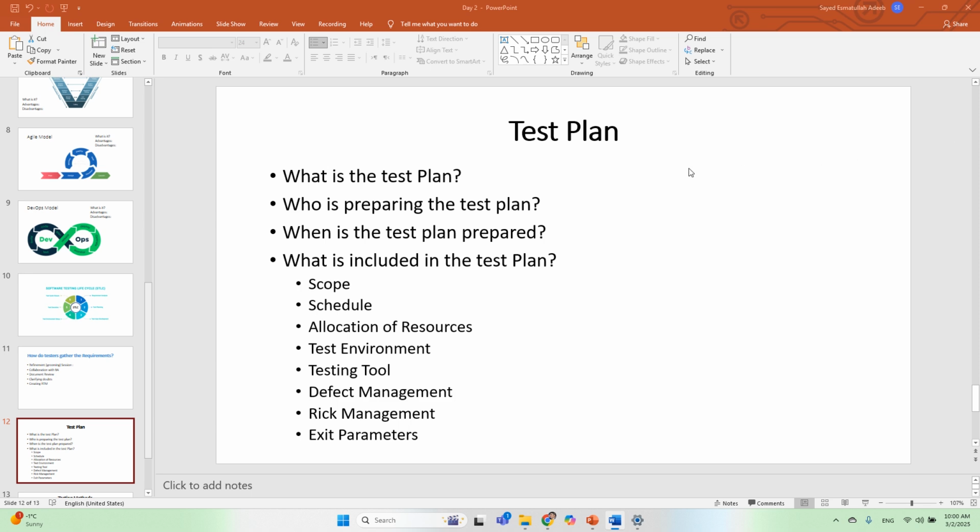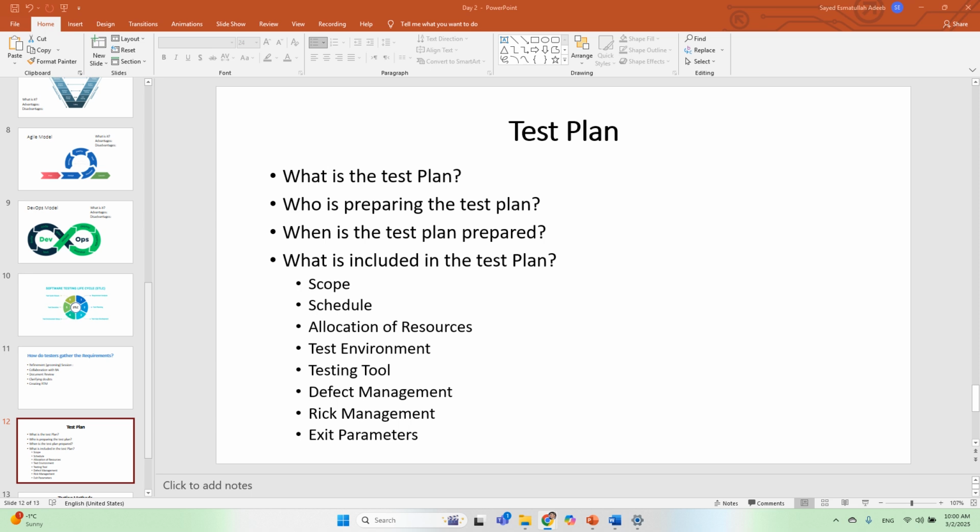Now, who is preparing the test plan? In each organization or company, there is a testing team. This testing team depends on the company and project. They might have a test lead or they might have a quality assurance manager.